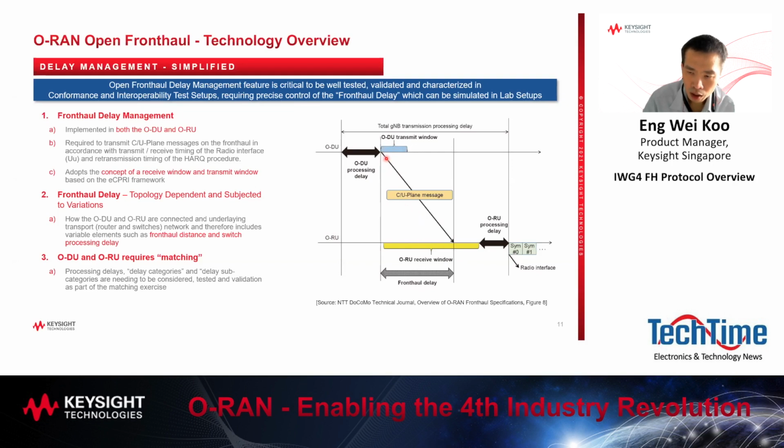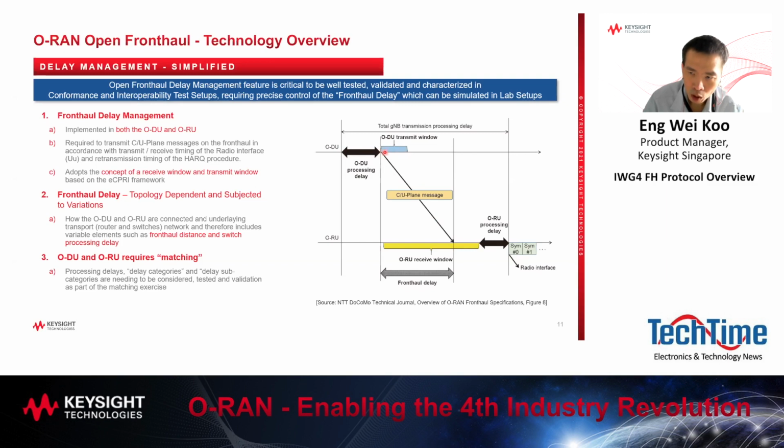So as we discussed, the control plane message would need to precede, right, send before the U-plane message, so that the ORU would know what are the control plane parameters, right, to be applied for the 3GPP payload to be sent across the air interface. So the ODU would have its own processing delay. You will have a transmit window.